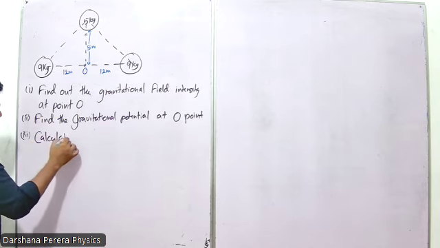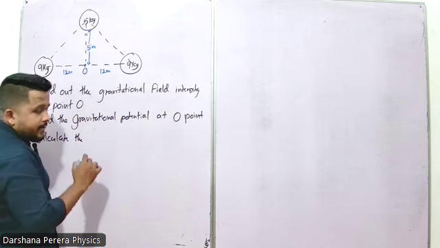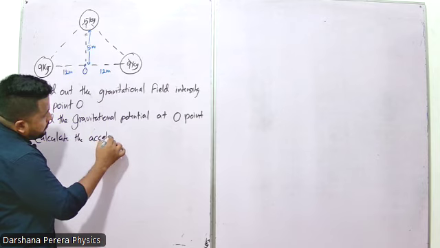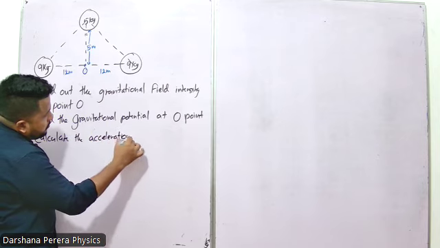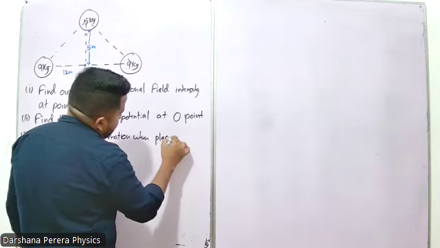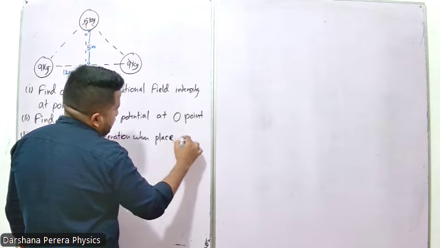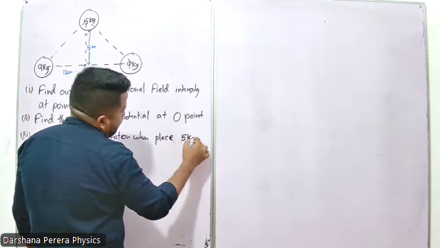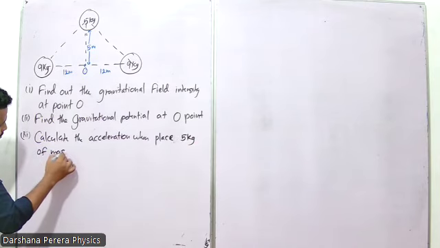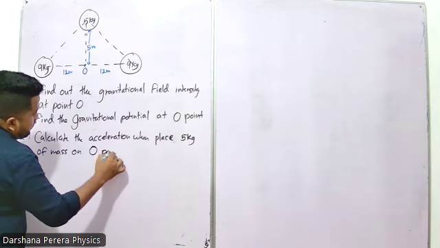Number 3, calculate the acceleration when placing 5 kilogram of mass on O point.